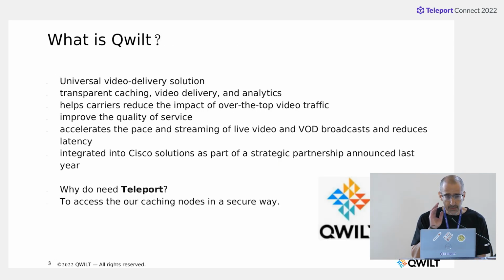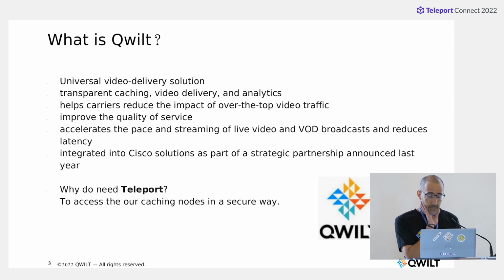Okay, some words about Qwilt. Basically, Qwilt is a CDN provider. Our competitors are Akamai and CloudFront. We are a small company, not like Akamai and Amazon, but we provide a universal video delivery solution, transparent caching, video delivery, and analytics.